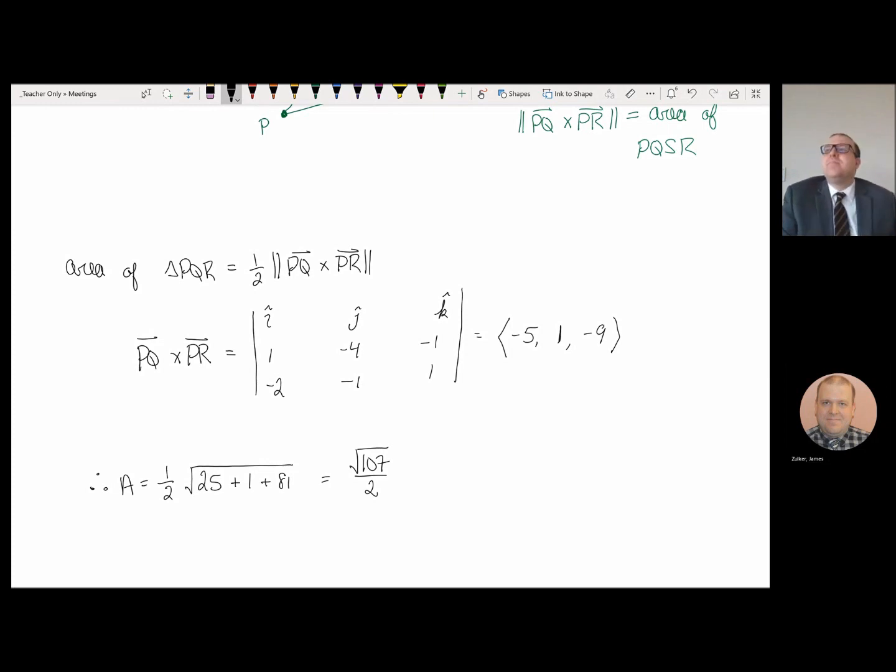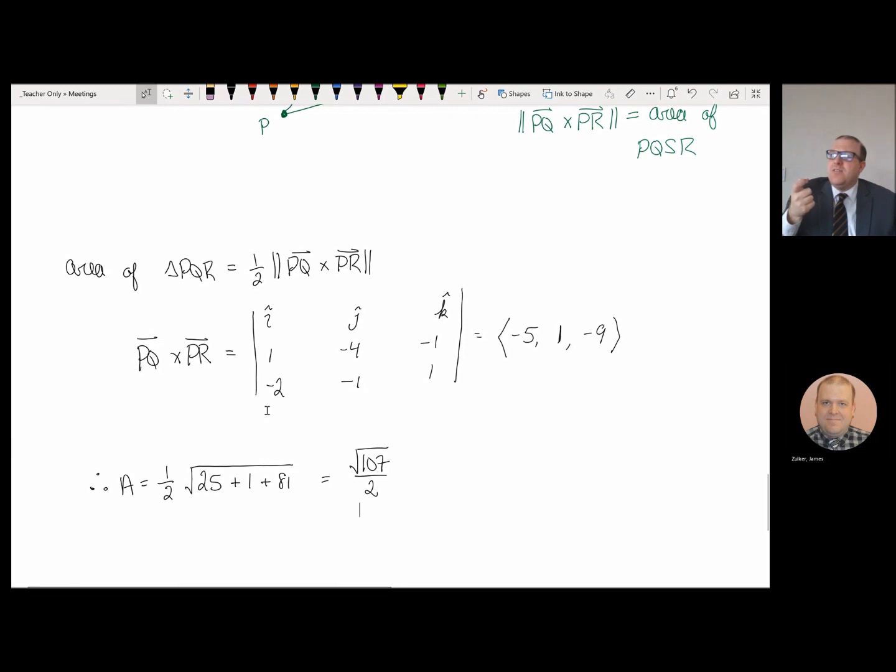Can you go over how you ended up getting -5, 1, -9? You said it's the cross product, right? First component would be -4 times 1 minus -1 times -1. All right, J component: 1 times 1 minus -1 times -2, but that's supposed to be minus, right?